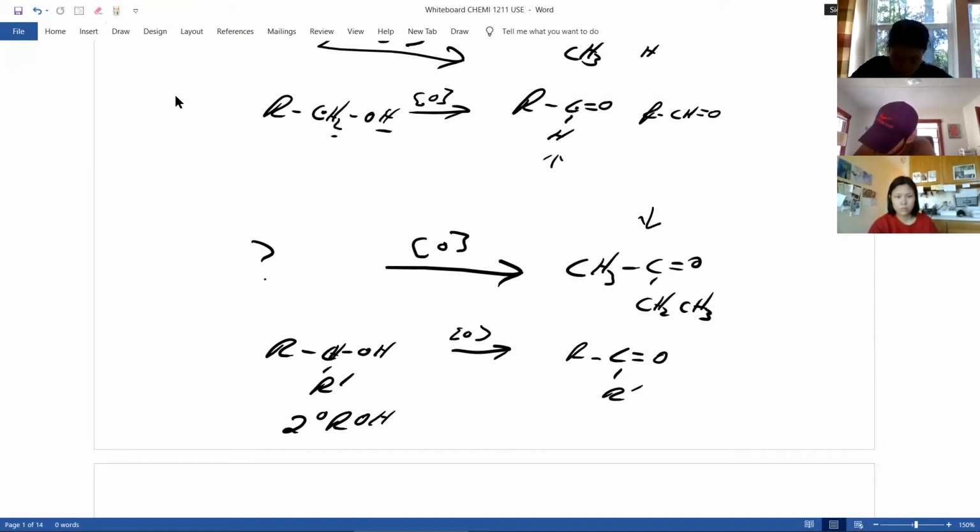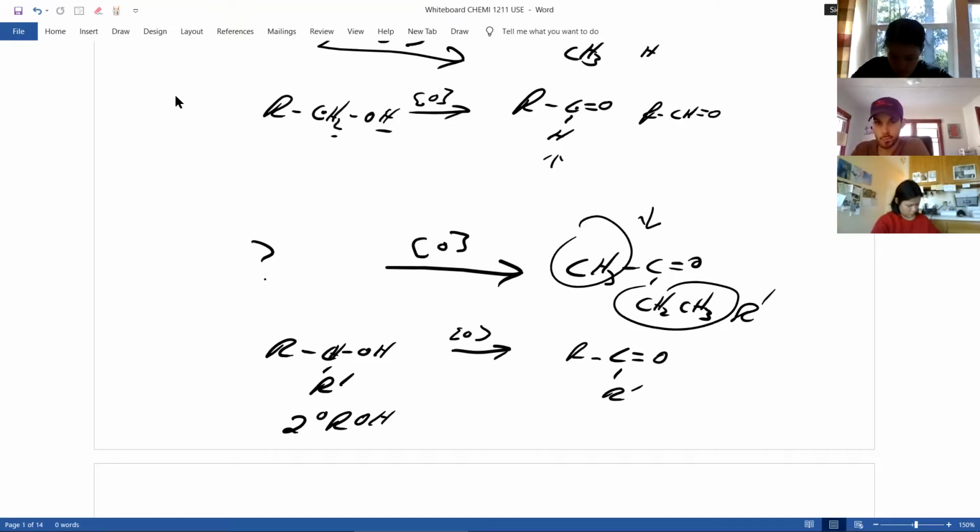I'll never ask you what a primary or secondary alcohol is, but I'd like to use it. What's our prime? Ethyl. What's our methyl? And you can have them reversed. So I have my methyl group, my carbon with the hydroxyl group, and then my ethyl group.